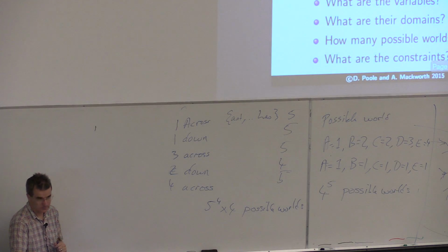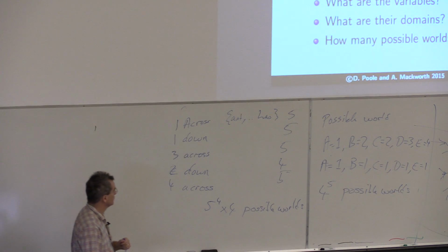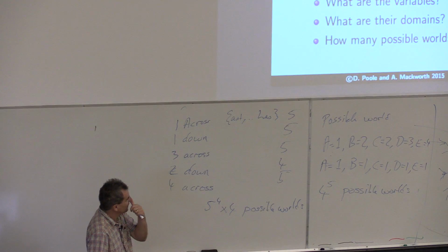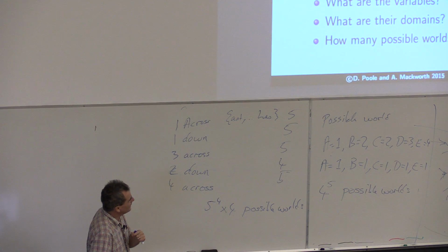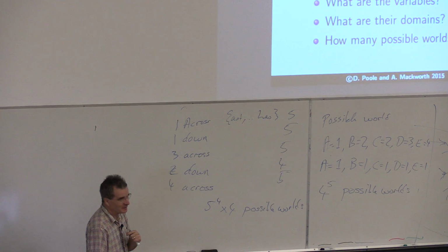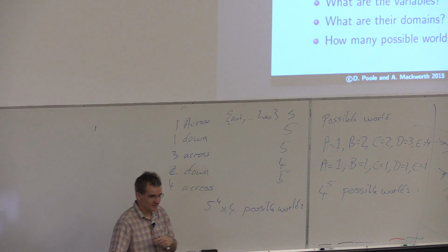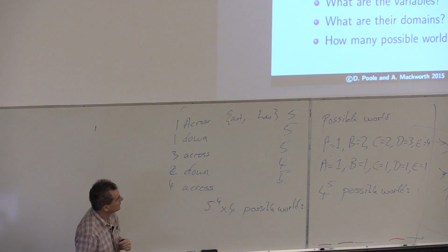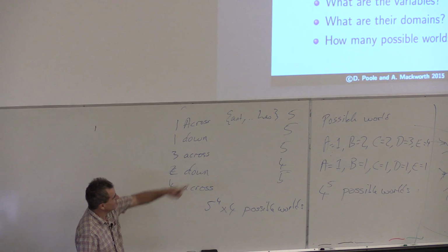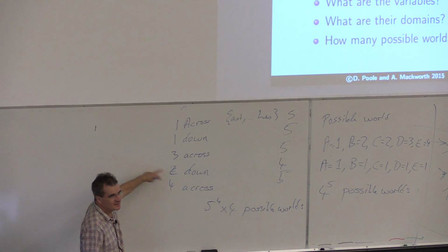Shouldn't 2 down be 5? I think beast is a 5-letter word. But I think there's only 4.